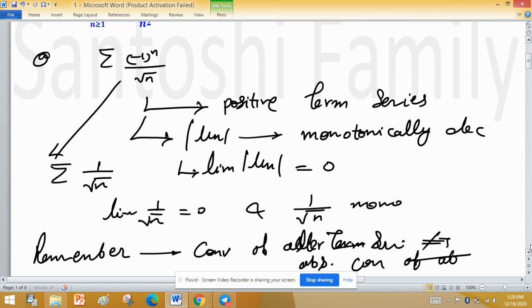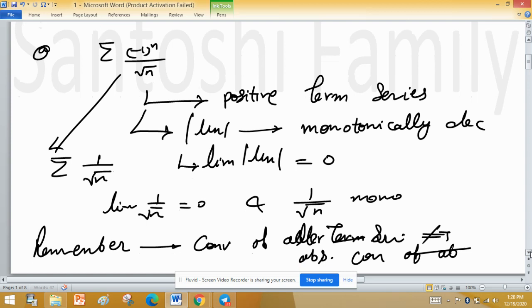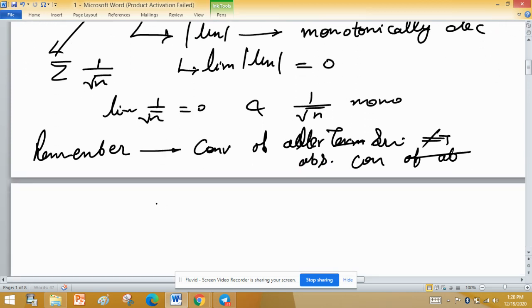It means this is an alternating series and it is convergent, but it is not absolutely convergent. You can check: this is 1 upon root n, and by the p-test, this is divergent.